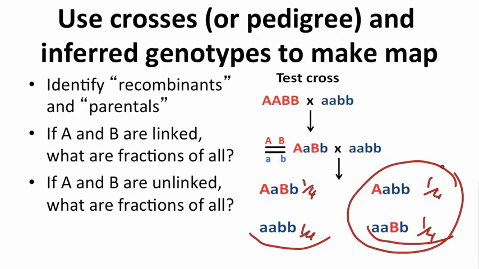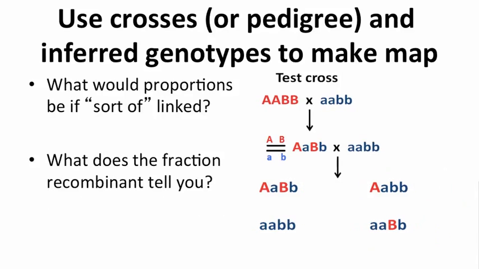Now, the question that I want you to think about is what happens if, somewhere between these two extremes, not the totally linked and not the totally unlinked, like being on different chromosomes. What would happen if they're sort of linked, like they're near each other but not right on top of each other? Well, what ends up happening in that situation is you get mostly these, but you get some of these. Basically, this would be more than 50%, but less than 100%, and this would be something less than 50%, but more than 0%.